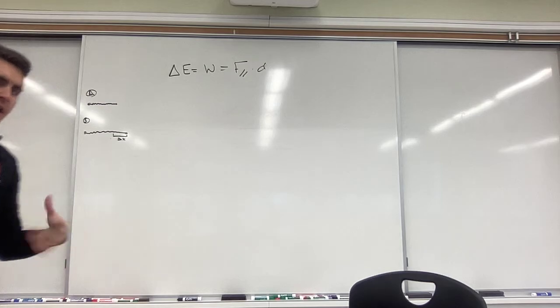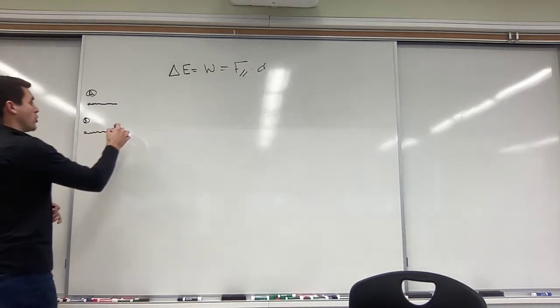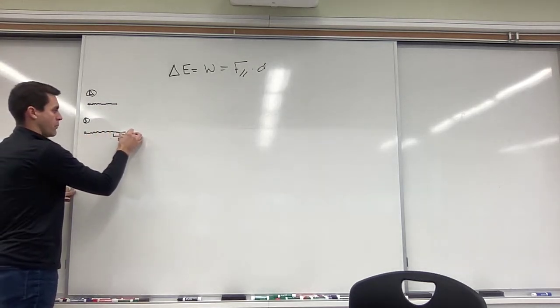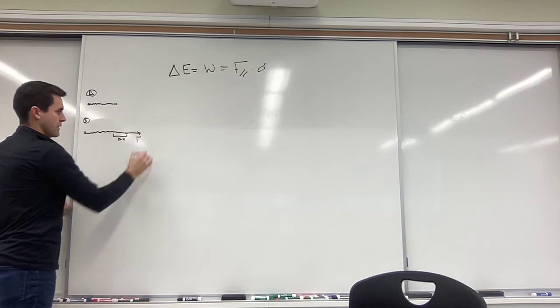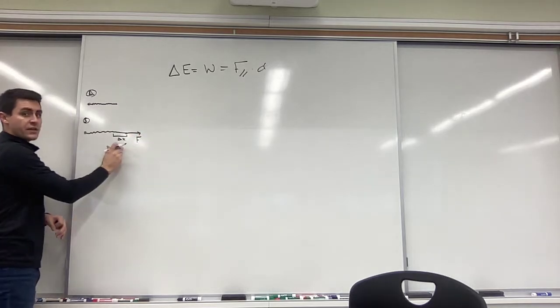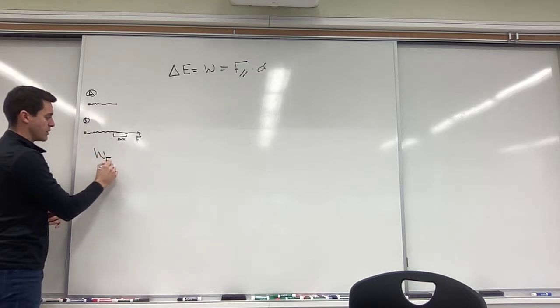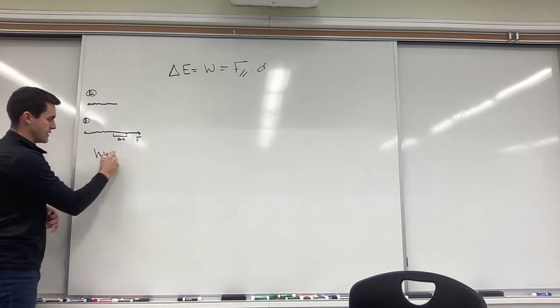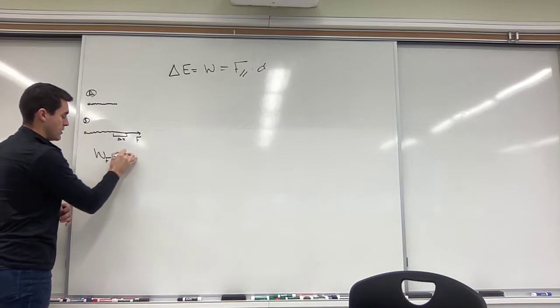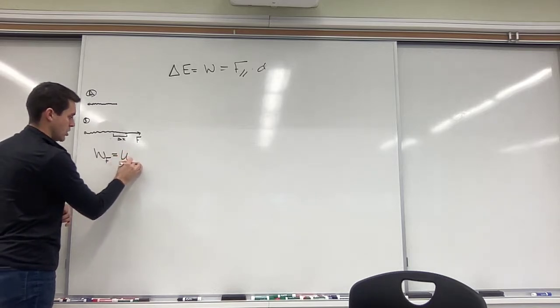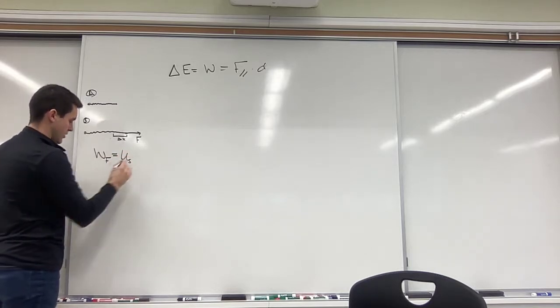It's how far I have stretched it. And I would say in order to stretch it, I have to apply a force. And that force over this distance is what we would call the work done by the force of me, right? This is going to be now equal to the spring energy stored in the spring.